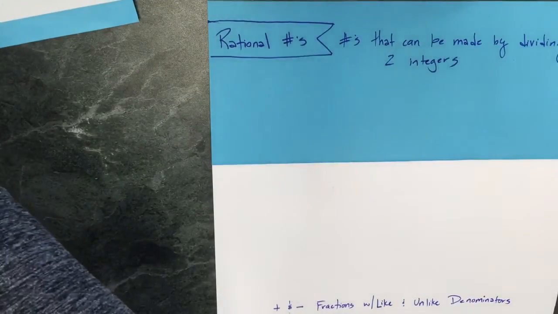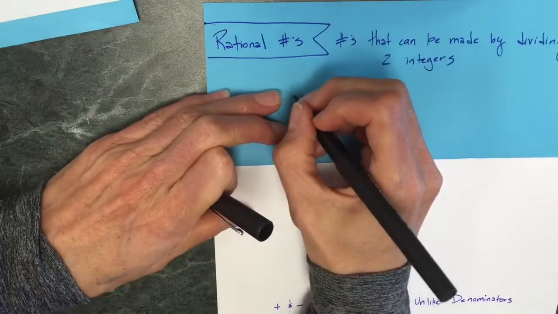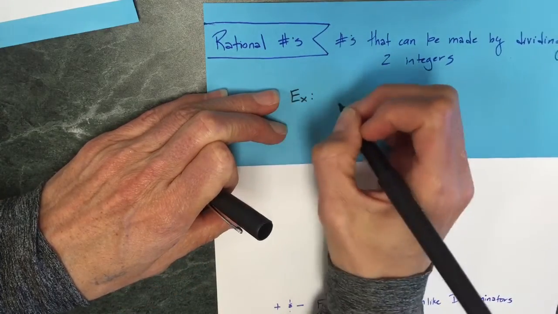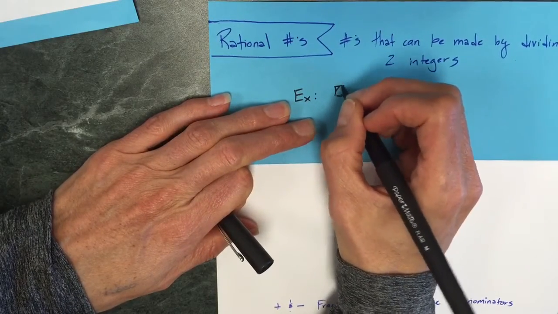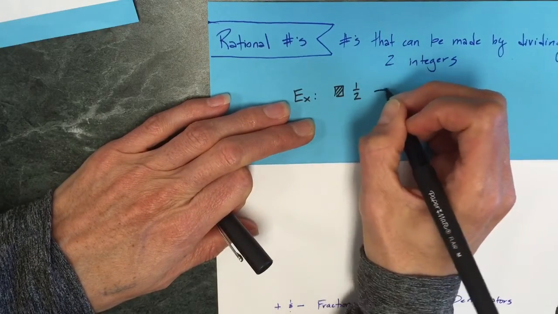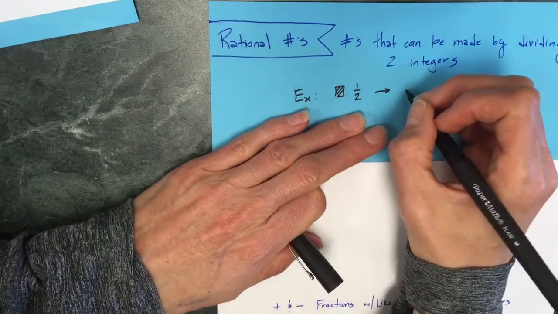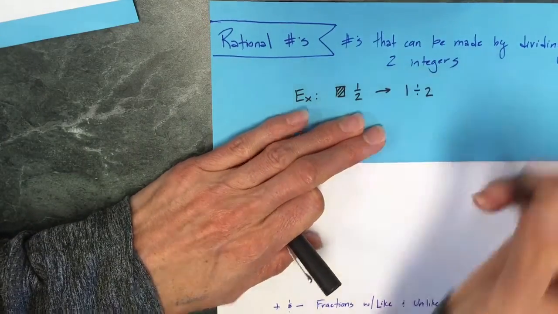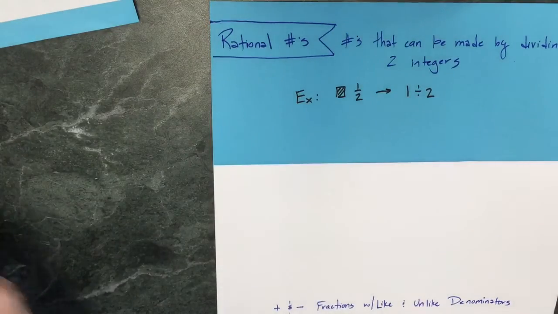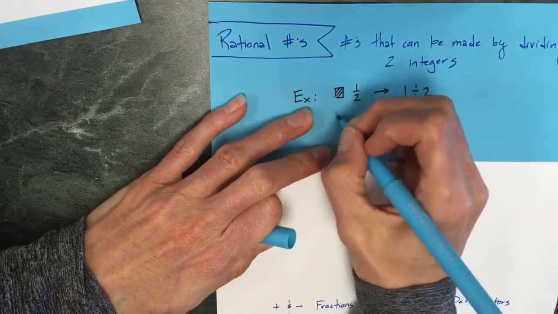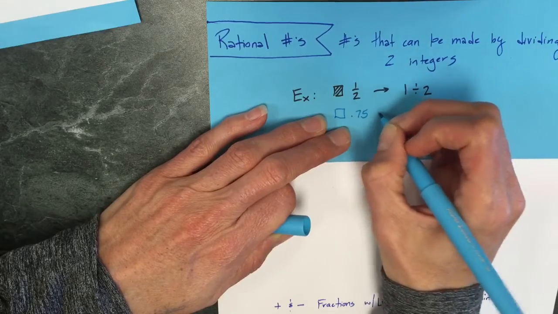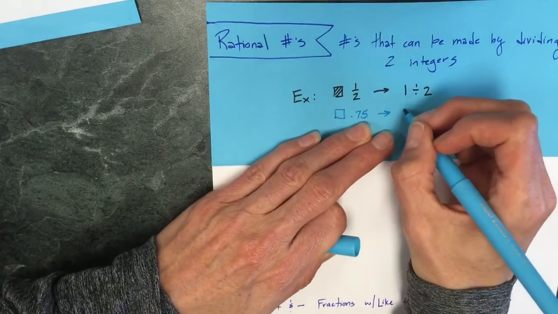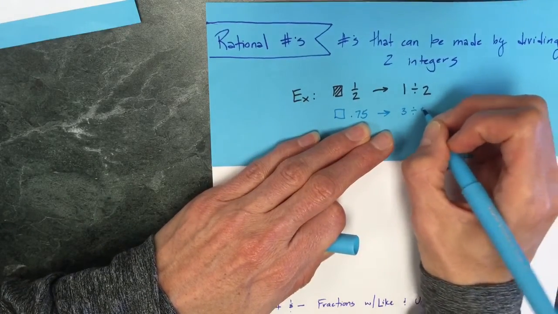So for example, the number 1/2 is made by dividing 1 by 2. Or the number 75 hundredths, that decimal is made by dividing 3 by 4.